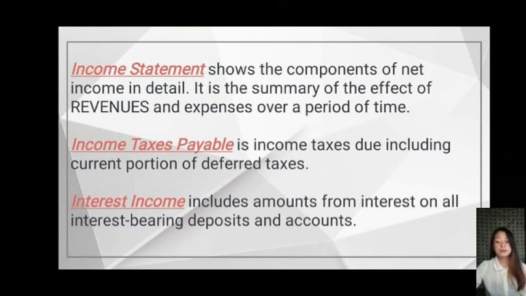So a very simple example of interest income that happens every day is when an individual deposits money into a savings account and decides to leave it untouched for several months or years. So the money won't just sit idly in his account because the bank will use it to lend money to borrowers.